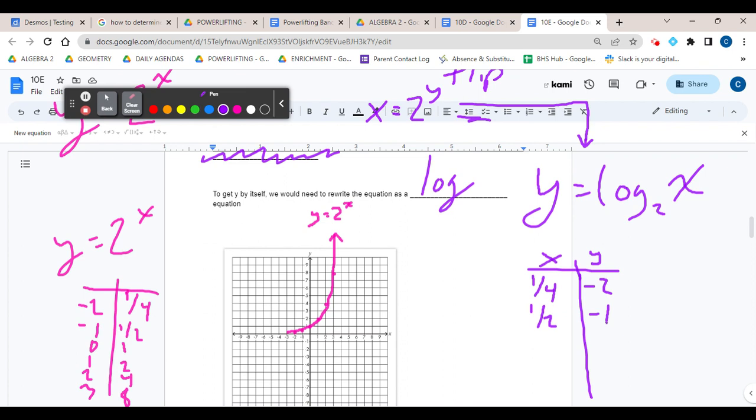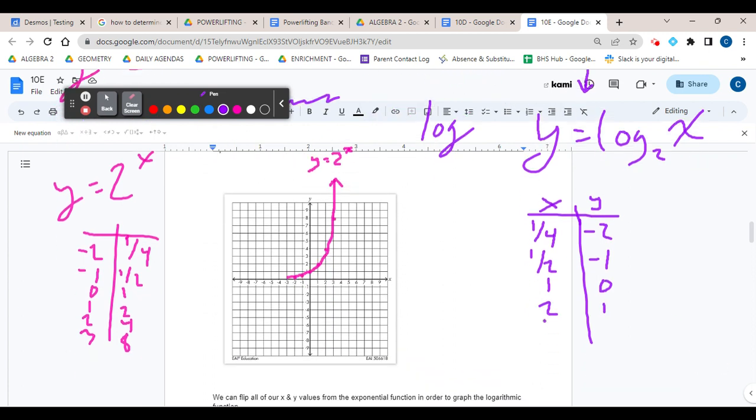If x is 1, then y is 0. If x is 2, y is 1. If x is 4, y is 2. And if x is 8, y is 3. Okay? Again, that's the inverse function right there. And you just flip the x's and y's from here.